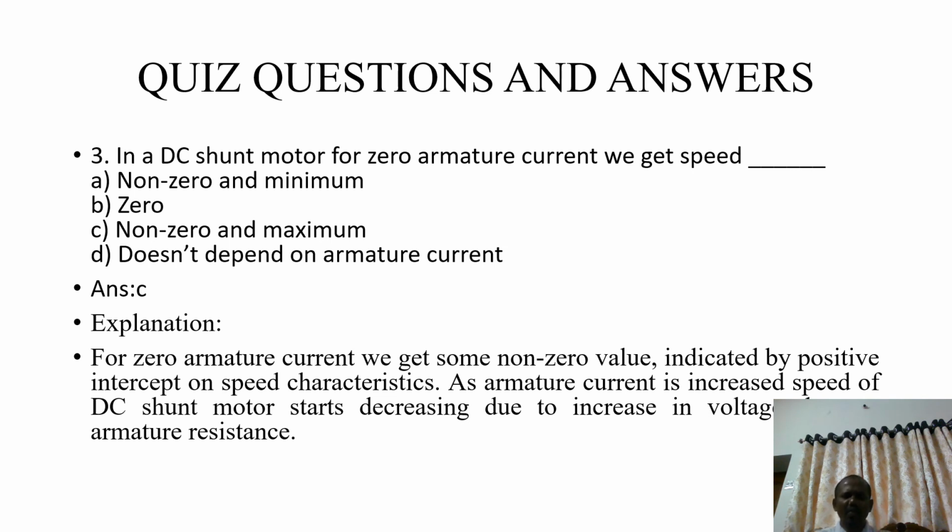That is, for zero armature current, we get some non-zero value indicated by a positive intercept on the speed characteristics. As armature current is increased, speed of the DC shunt motor starts decreasing due to the increase in voltage drop across the armature resistance.